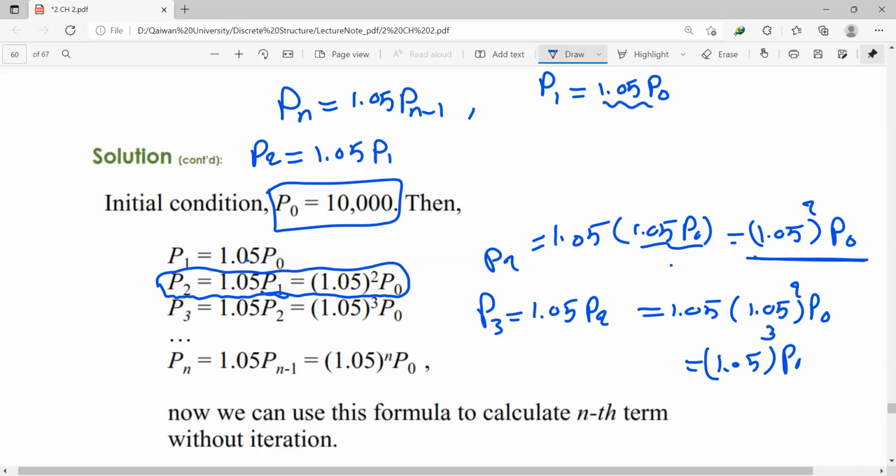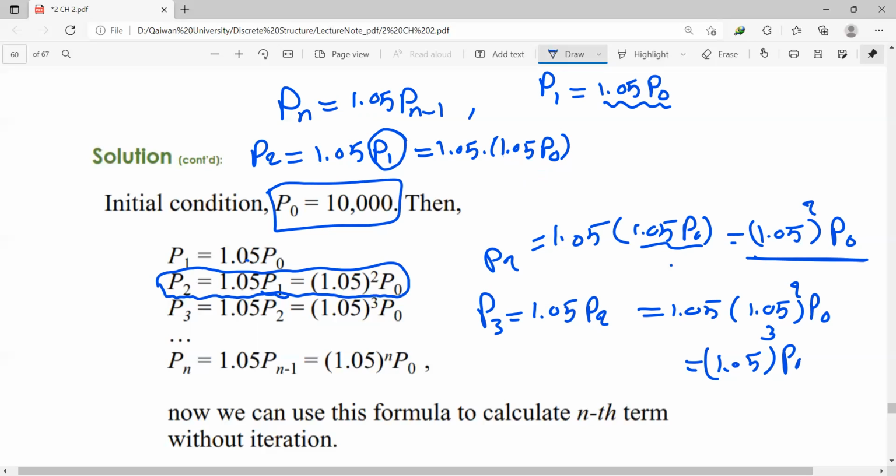If you replace P1 by 1.05 P0, what do we get? We get 1.05 times 1.05 P0. This is P1, we just replaced it by its value. So 1.05 times 1.05 is 1.05 squared.